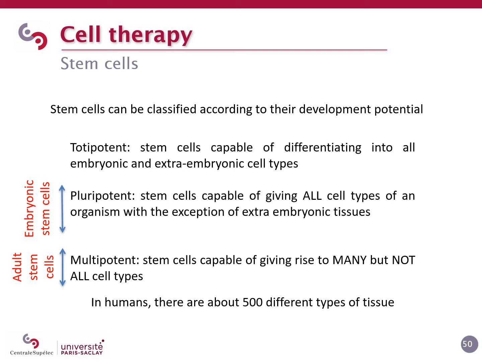Pluripotent stem cells, embryonic stem cells, on the other hand, are capable of giving all cell types of an organism with the exception of extra-embryonic tissues. And finally, multipotent stem cells, adult stem cells, are capable of giving rise to many, but not all, cell types. In humans, it is estimated there are about 500 different types of tissue.